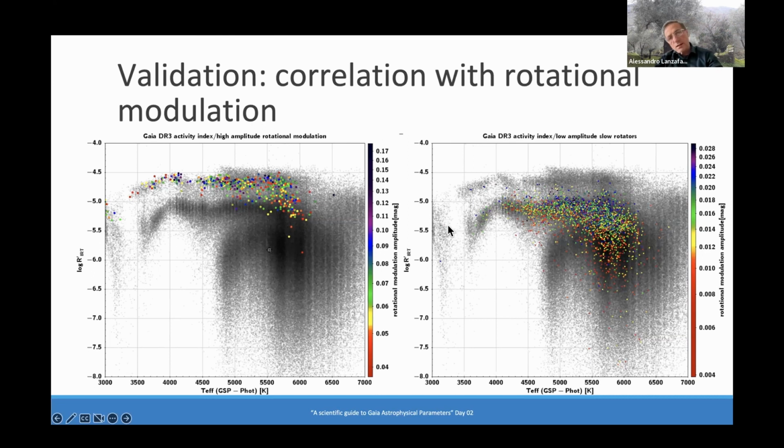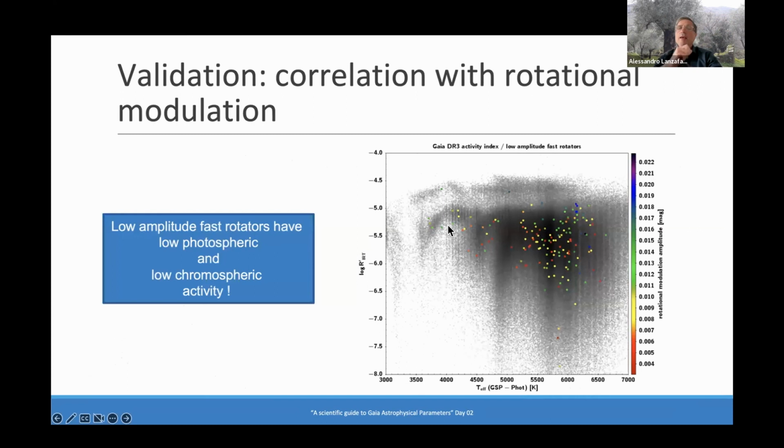The puzzling thing about it all is the low amplitude fast rotator regime. Being fast rotators, we expect high activity, but surprisingly they have low photospheric and low chromospheric activity.